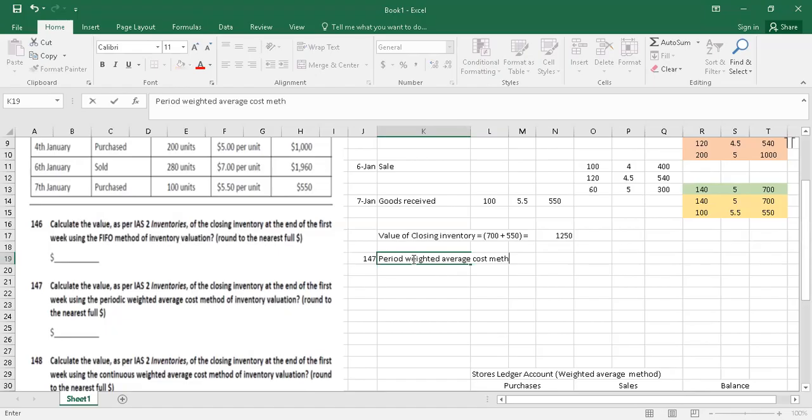This does not require this big format. It's a simple calculation because at the end of the period, the calculation is done. So we do not require this format to be drawn. A simple average price calculation has to be done, and that would be charged to the number of units, that is 280 units.